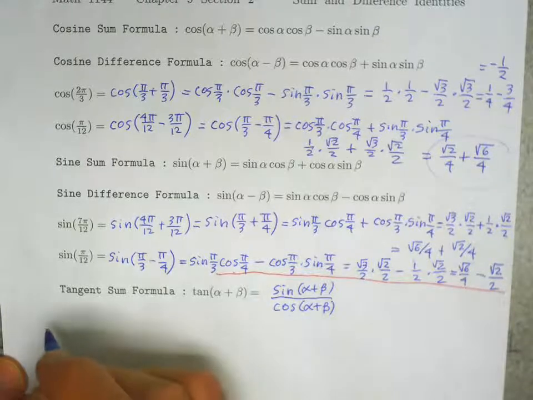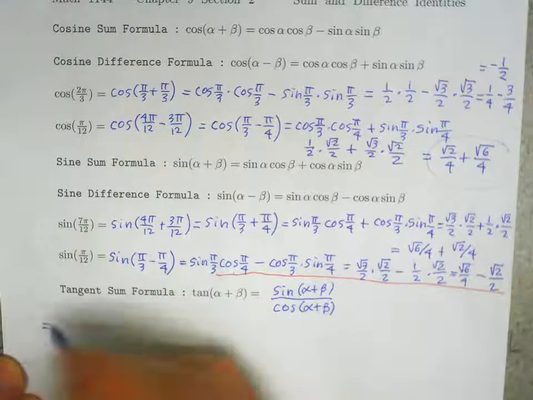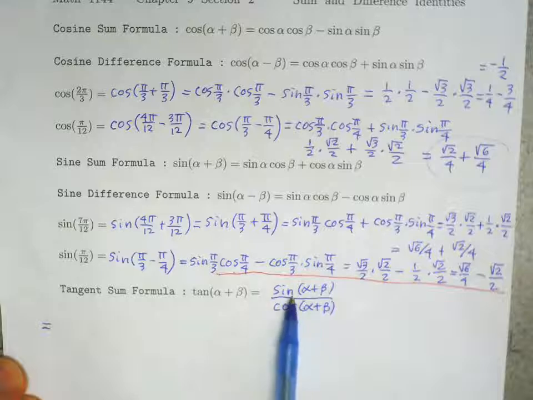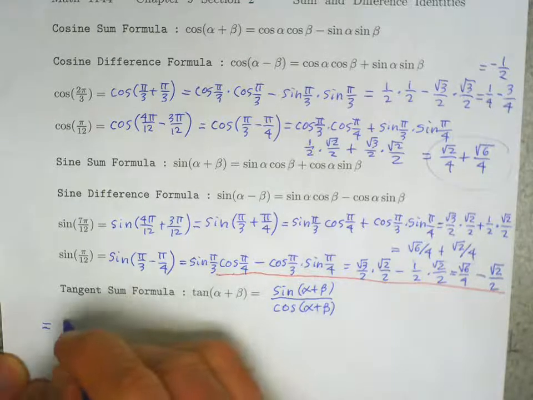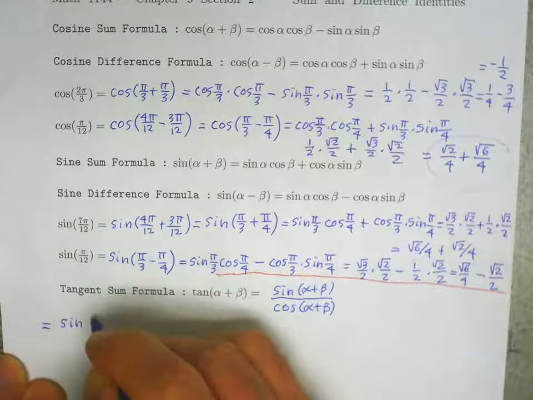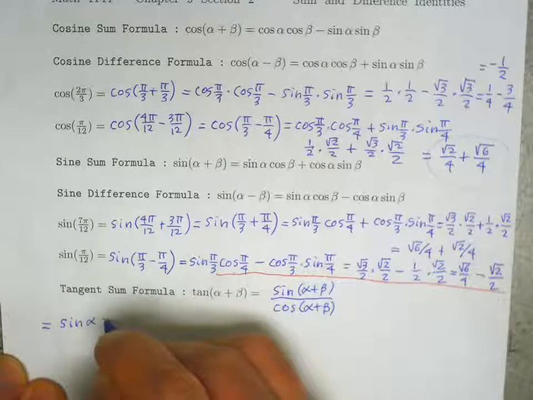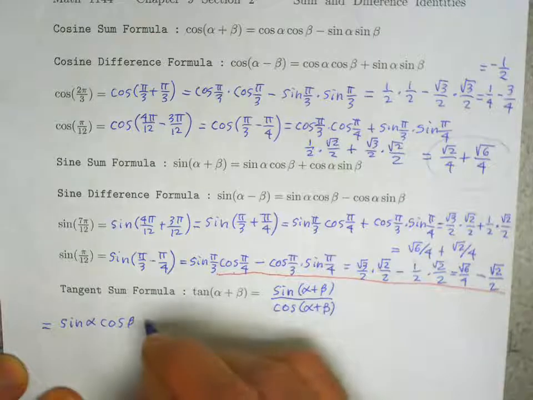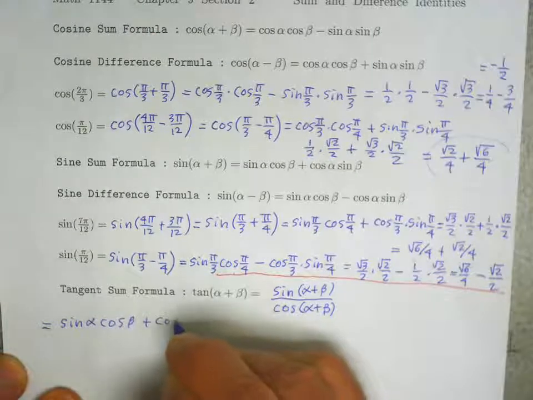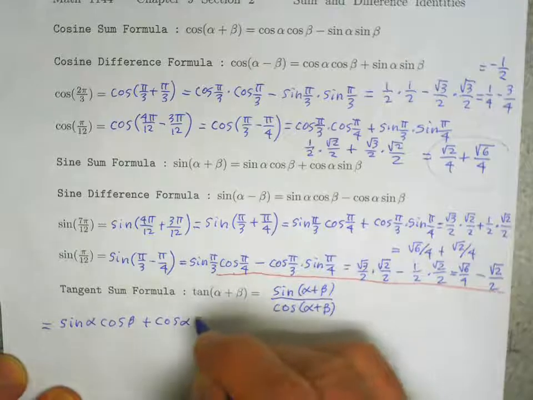And then in the next line, in the numerator, we'll just write down what sine of alpha plus beta is. That is sine of alpha times cosine of beta plus cosine of alpha times sine of beta.